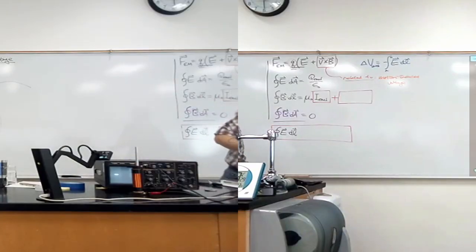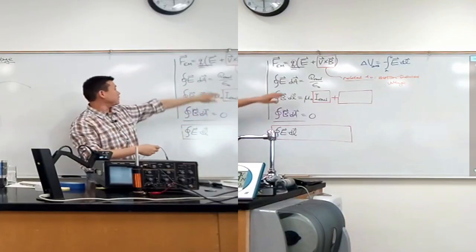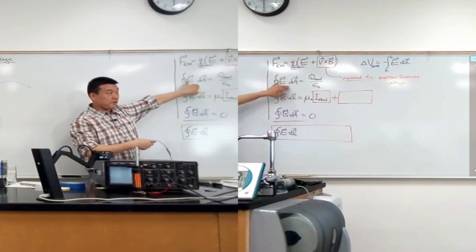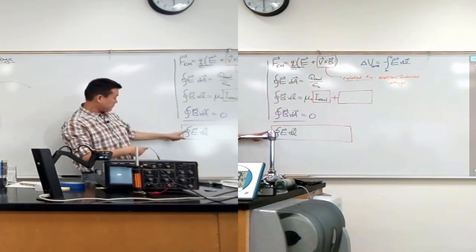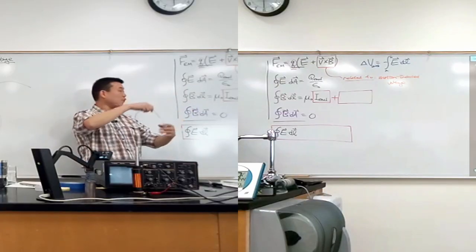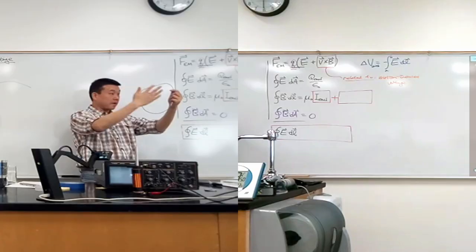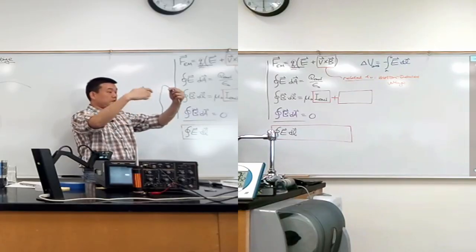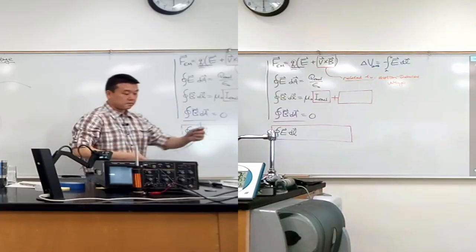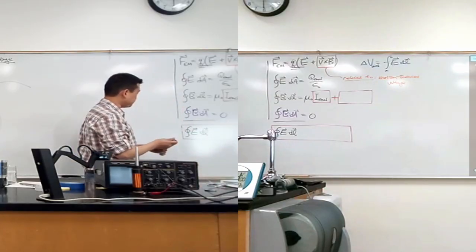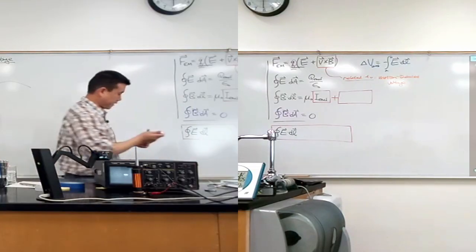So once you have a surface, then you can define a flux, right? So that's how we did it for electric flux here. So we can do the same thing for magnetic field. With this closed loop, you can define a surface. So you can look at magnetic field going through the surface and calculate the magnetic flux. So let me just write down that definition of magnetic flux.